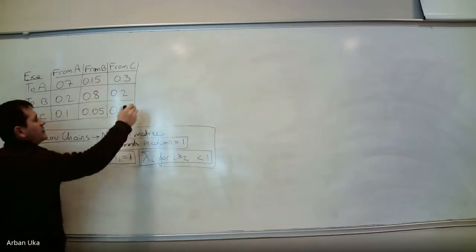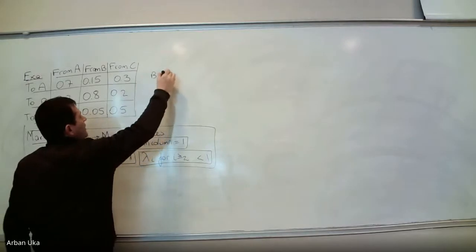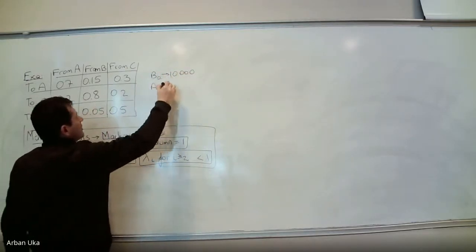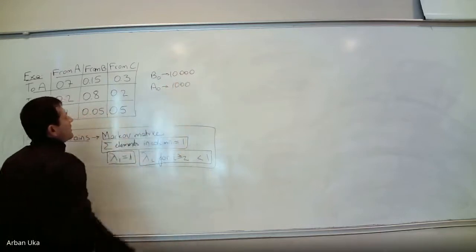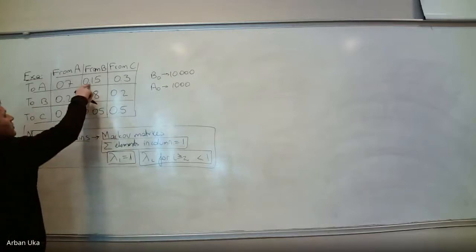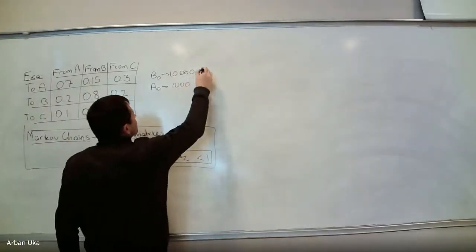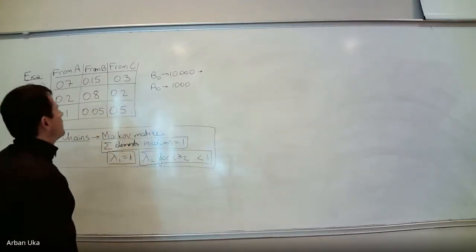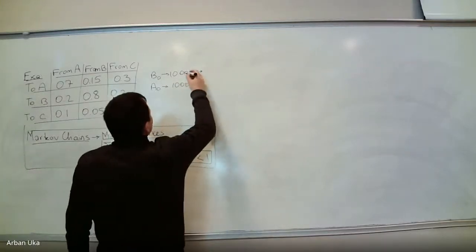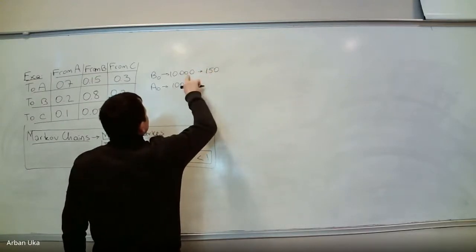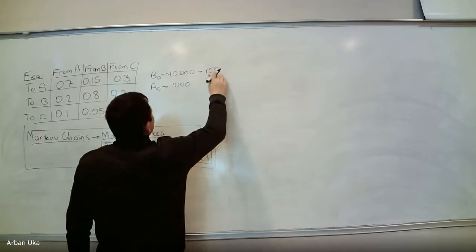Let's assume that B0 can be 10,000 customers, and A0 can be 1,000. So if 15% of B go to A, which is shown here, what is 15%? You multiply by 15 divided by 100, so you get 1,500.